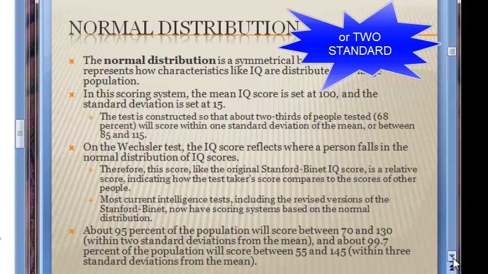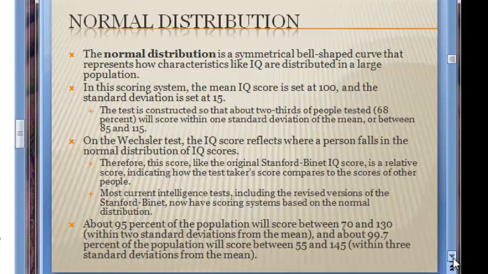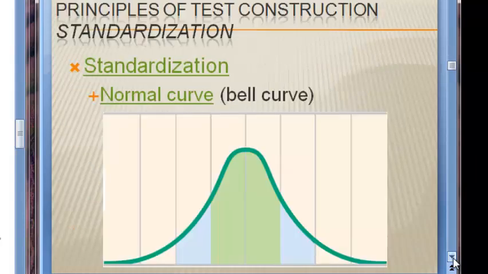The test is created so that about two-thirds of the people will score within one standard deviation of the mean, or as we'll see in a second, between an IQ score of 85 to 115. On the Wechsler test, the IQ score reflects where a person falls in that normal distribution. So we're going to look at that visually so we can better understand it.